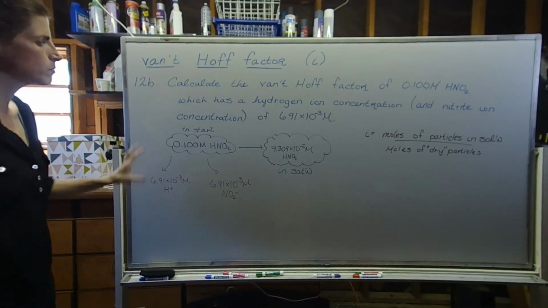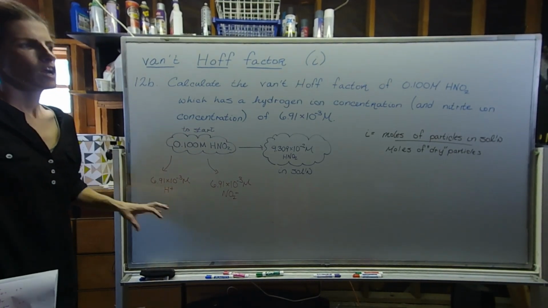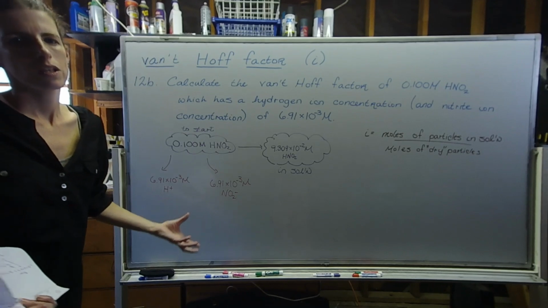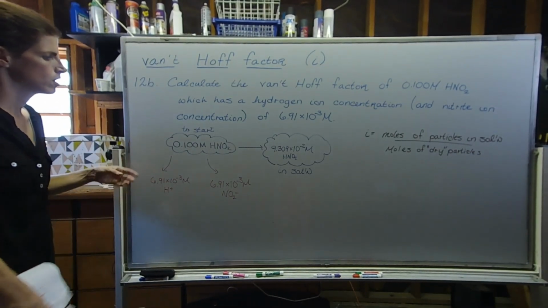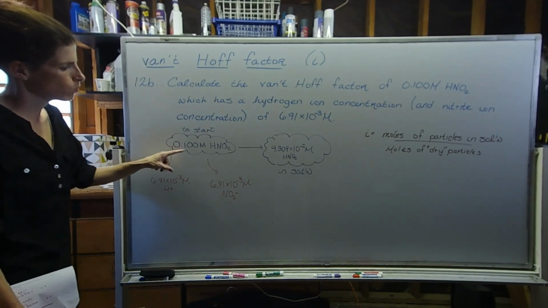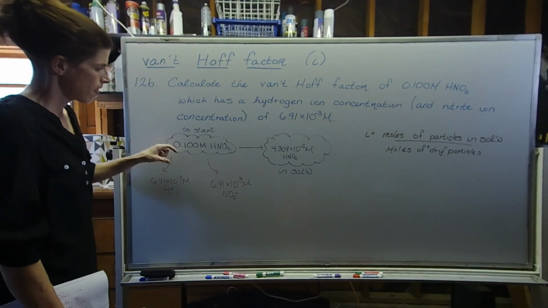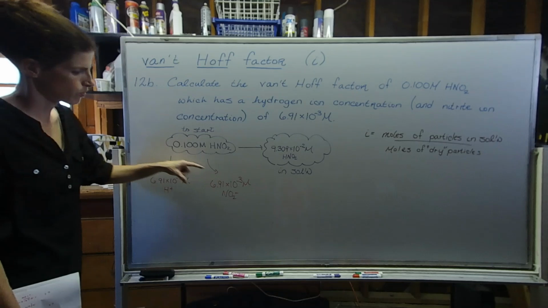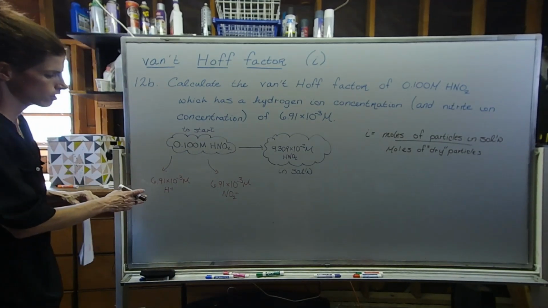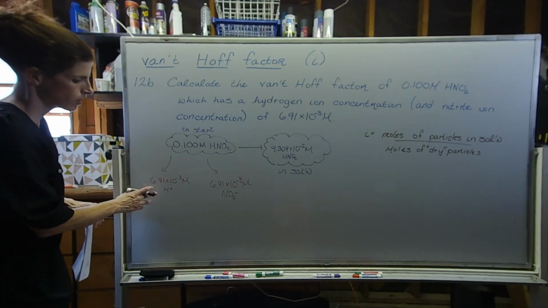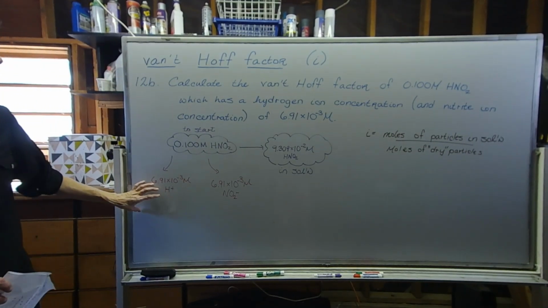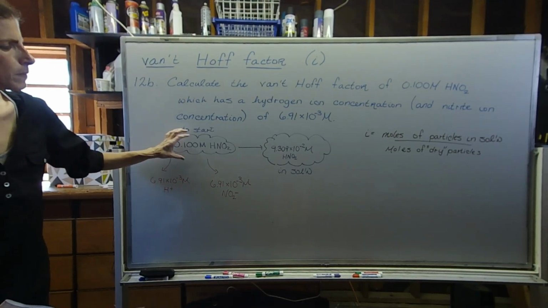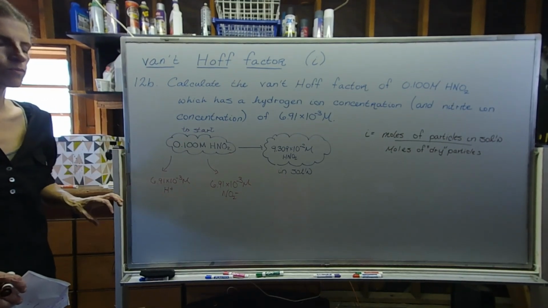So I'm using molarities over here, but if I'm assuming 1 liter, then the molarity and the moles are interchangeable. So if we have 0.100 molar, and that nitrous acid starts to break up, we know that it's going to form equivalent amounts of H+ and nitrite, which I wrote down here. But then what happens to the 0.100 molar?